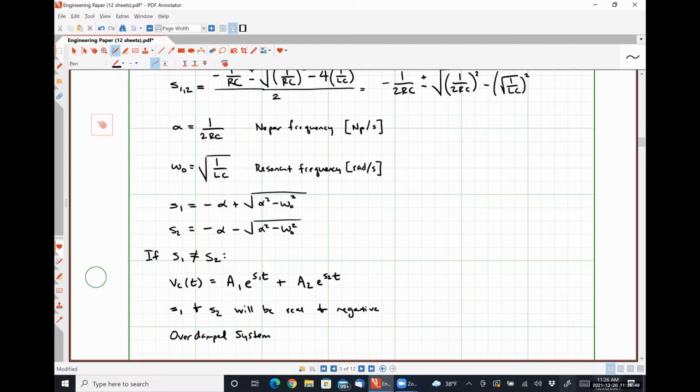So in an overdamped system, we will see that our energy storage elements lose their energy very slowly. Effectively, it takes a long time for our capacitor voltage to settle to its final value of 0 in this case, after it had some energy stored, because it's going to transfer it back and forth with the inductor while gradually losing some to heat, to be converted to heat by the resistor.